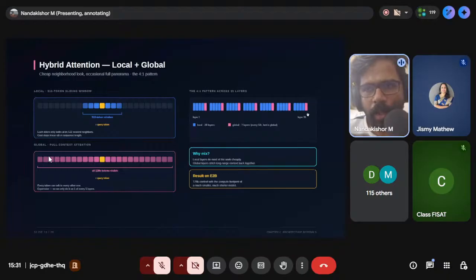A total of 28 plus 7, 35 layers in a 4:1 pattern, totaling 4, 8, 12, 16, 20, 24, 28 local layers, and 1, 2, 3, 4, 5, 6, 7 global layers. Why do we need to mix? Local layers do most of the work cheaply, but for long range dependencies we need global layers. We cannot use only full layers because that is much more computationally expensive.